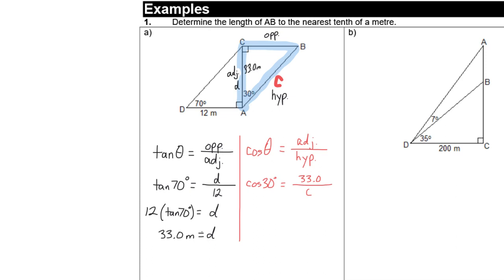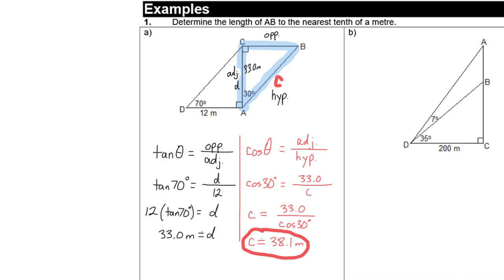And because c is on the bottom of the fraction, to solve for c, it's going to be 33 divided by cos 30. And when I do that in the calculator, I get about 38.1 meters. So the final answer to the question is the side AB is equal to 38.1 meters.